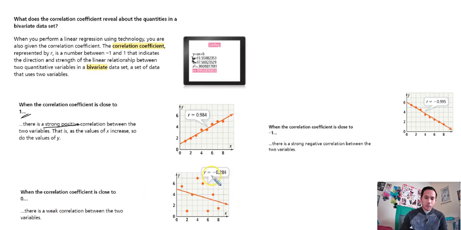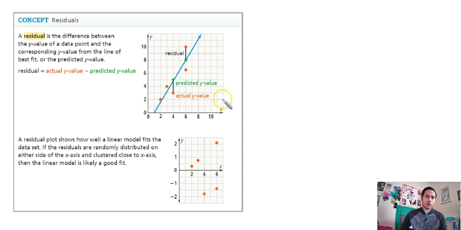For example, we have -0.284, or as long as it's close to 0. So there are three: close to 1, close to -1, and then close to 0. Right? So that's how you use your calculator, guys.